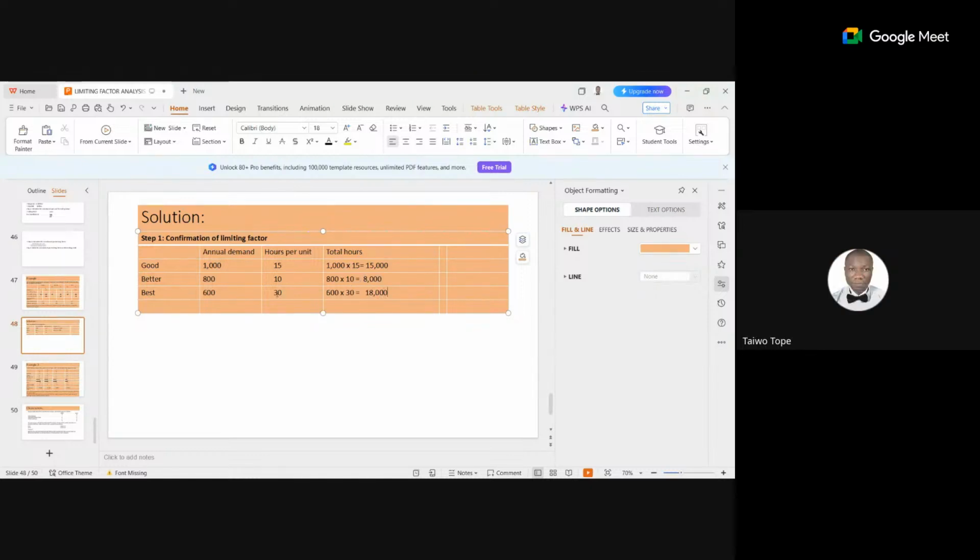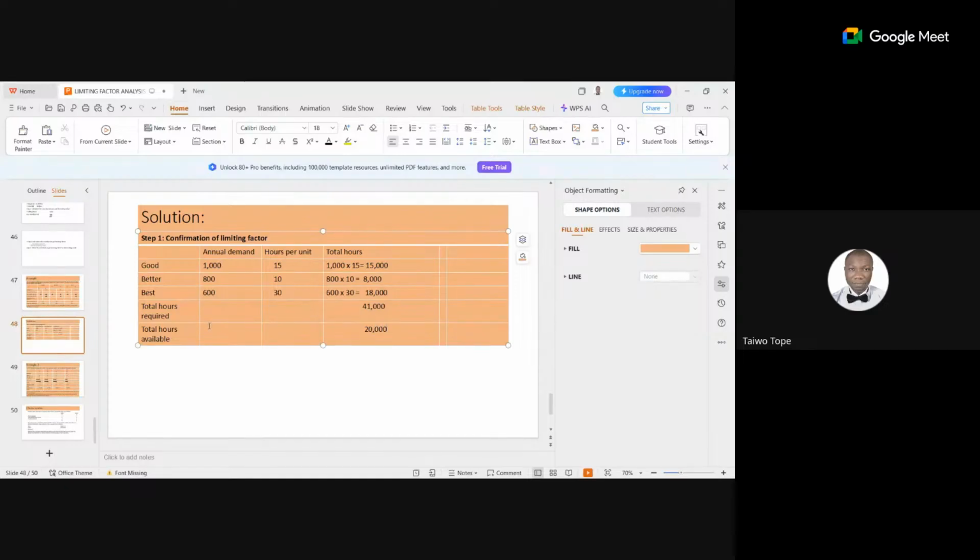So now, the total hours required is 41,000. Fine. Based on the question, hours available is 20,000 hours. Total hours available, 20,000 hours.